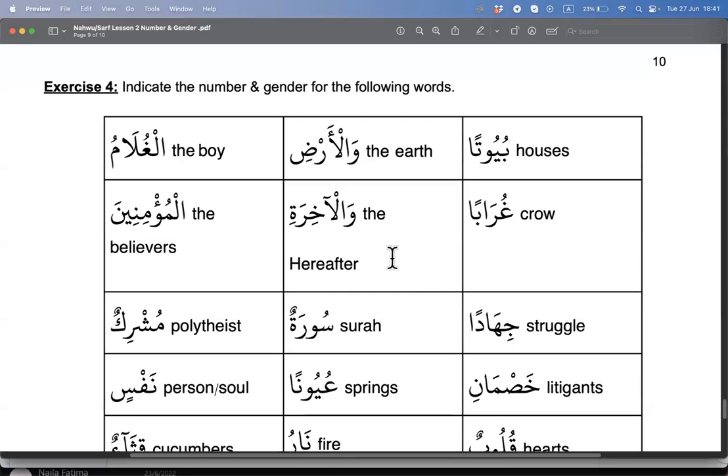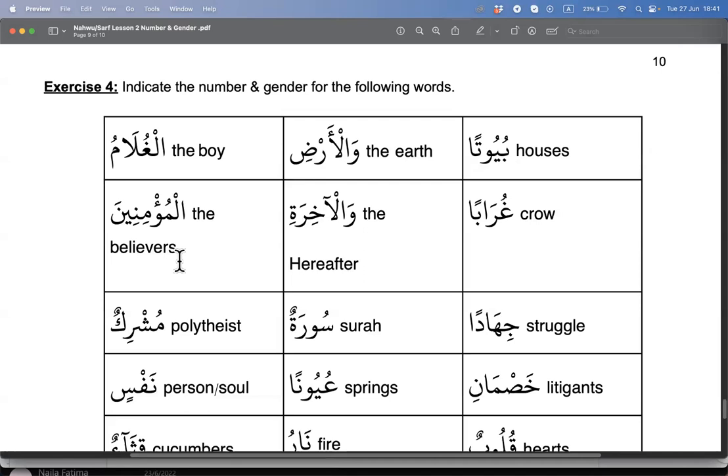Good. Wal akhirati. Wal akhirati is jar. Number singular, feminine. Why feminine? Ta marbuta. Very good. Al-mu'minina.